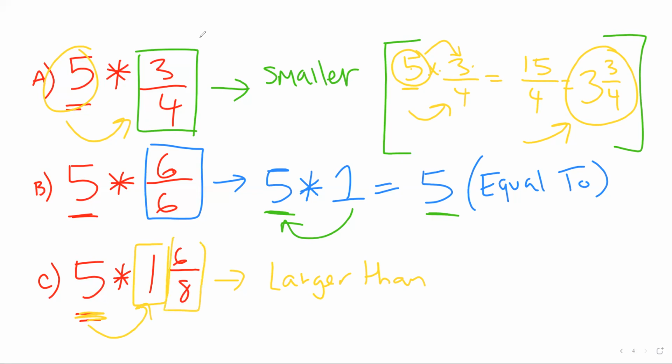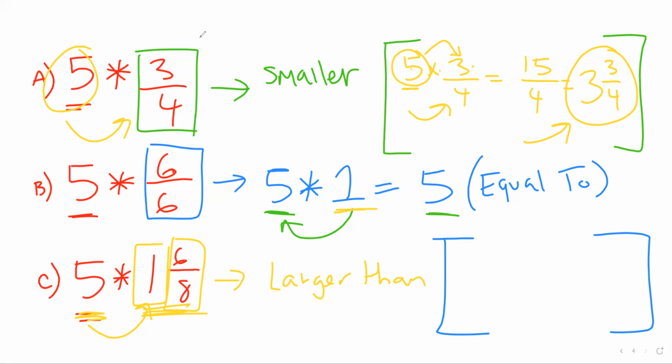And then this part of it would be less than 5, but that part would actually be added to our product, and we would end up with more than 5, which is, again, true because this is larger than 1. It's not 2, but it's still larger than 1, so the answer has to be larger than 5. I know that one's a little confusing, so let's also pretend bracket. We're not doing the math, but remember, this whole skill is to be able to look at that in our head and just say, oh yeah, smaller than 1, so it'll be smaller. Equal to 1, cool, it'll be equal.